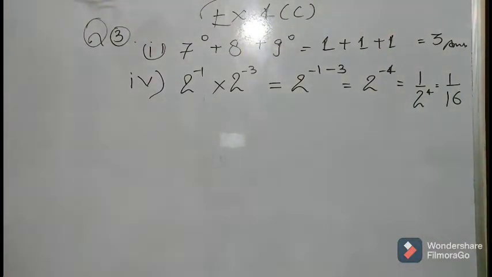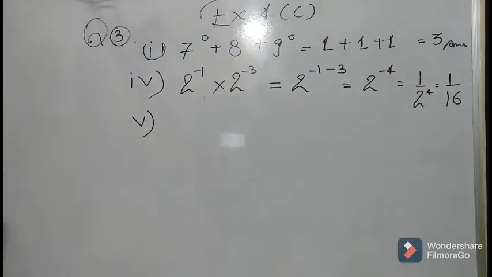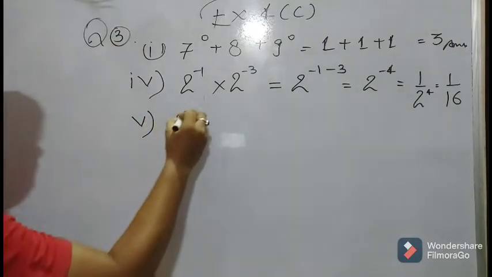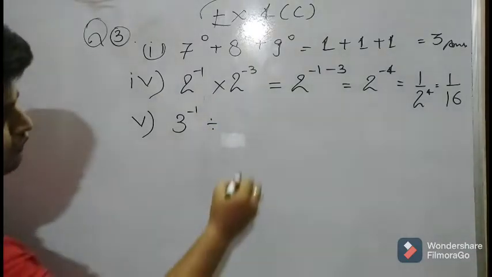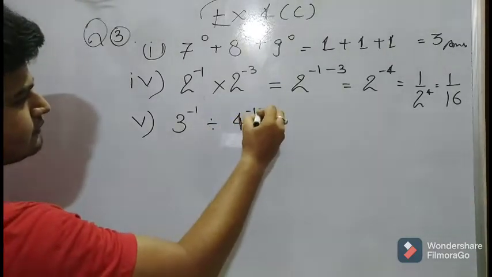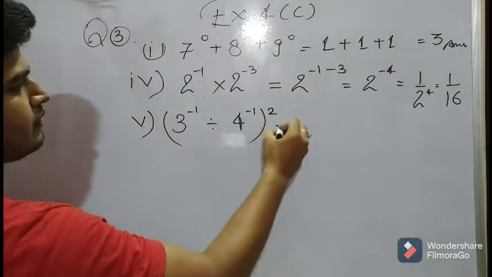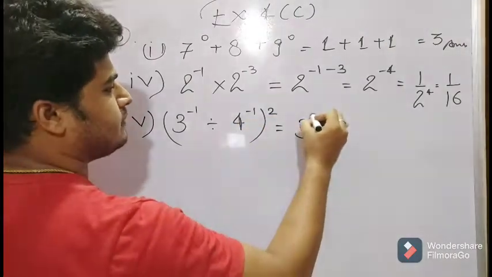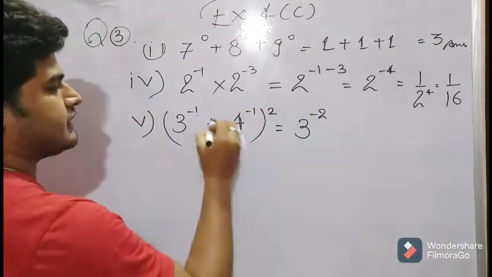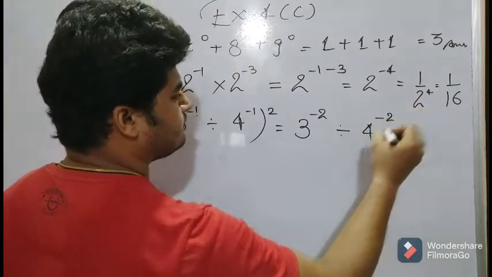Like in the fifth part, it is saying 3 raised to the power minus 1 divided by 4 raised to the power minus 1, whole to the power 2. So the power will be distributed to both of them. So 3 raised to the power minus 2, 2 into minus 1 is minus 2, divided by 4 raised to the power minus 2.